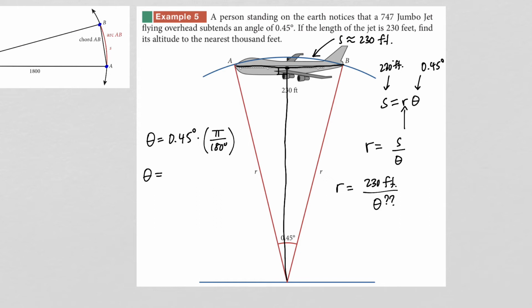So if you take 0.45, multiply by pi, and then divide by 180, the angle theta is approximately 0.0078539. And I'm rounding to lots of significant digits here because I still need to use that to calculate something else. And I don't want to round it to be too short of a number here, right?